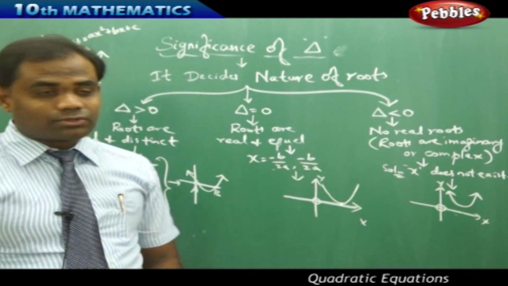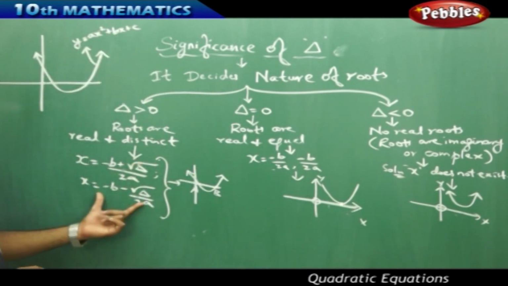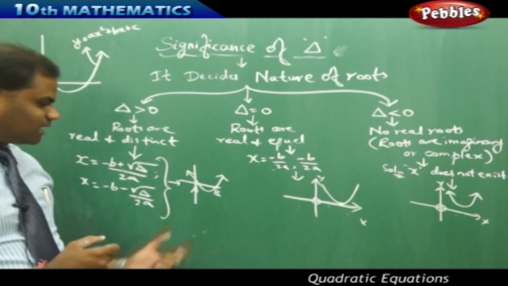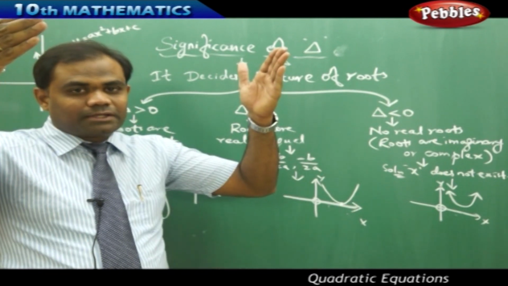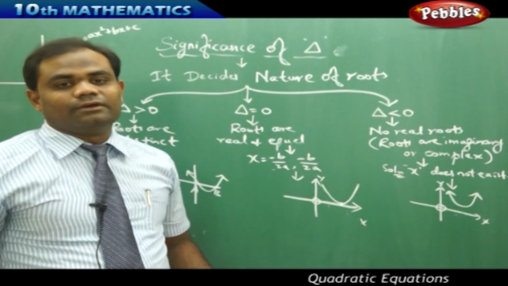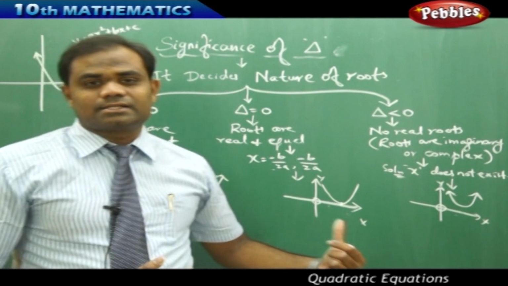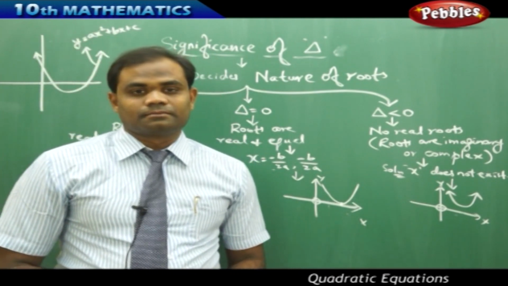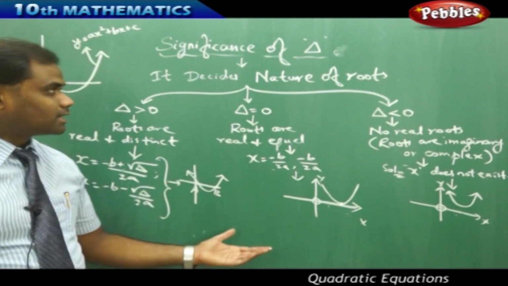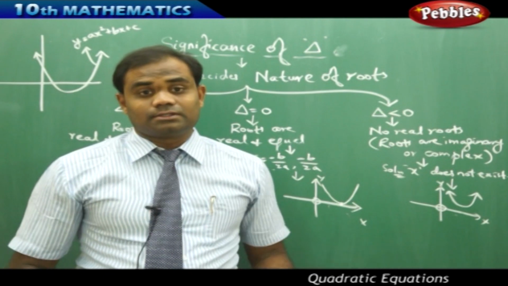Repeated roots is understood as the parabola touching the x-axis, and two distinct real roots as the parabola cutting the x-axis twice. It may be upward if a is greater than 0 and downward if a is less than 0, which is already a property we have taken in the graphical understanding of quadratic polynomials. This is how we understand the nature of roots connected with the discriminant delta.